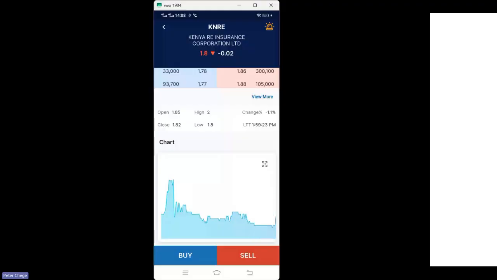If it is the lowest, you know that is the lowest moment it has ever gone, and there is a potential of going up. So that's the purpose of this chart. But for NSE, you don't need to be worried about this chart. For Forex, you need to be worried because you need to see even the last few seconds. Forex is different from NSE.